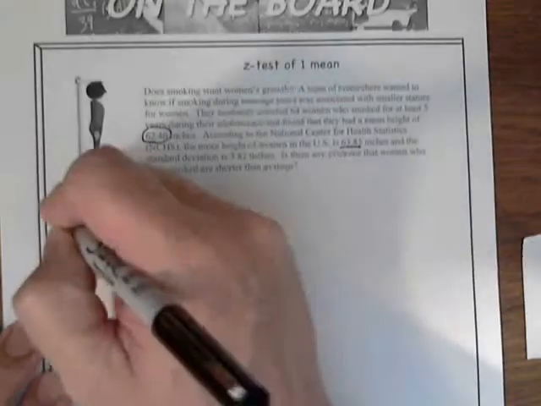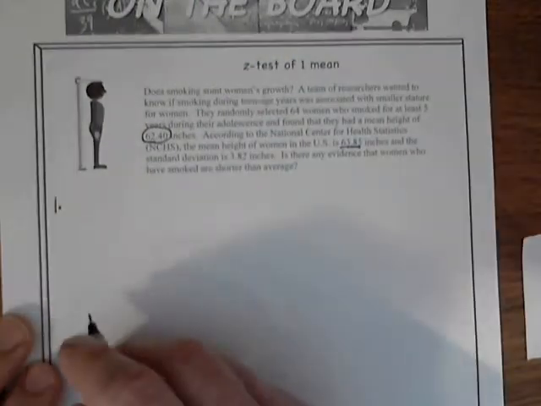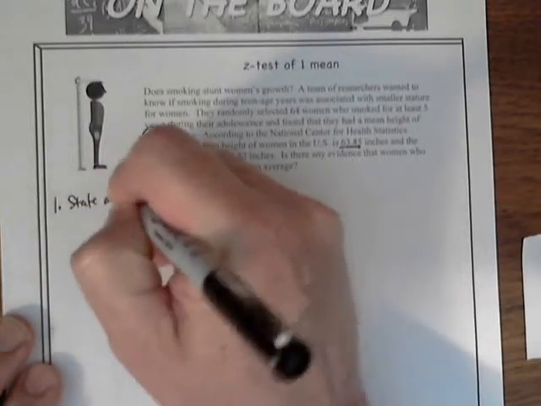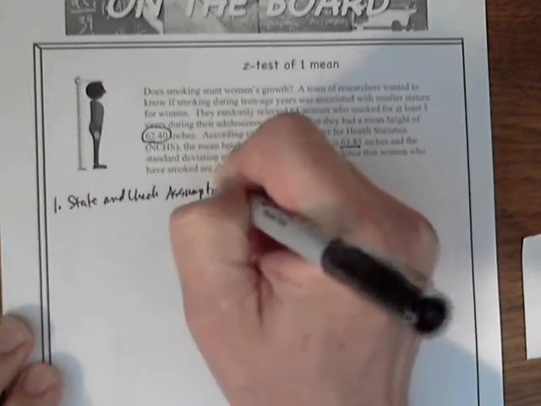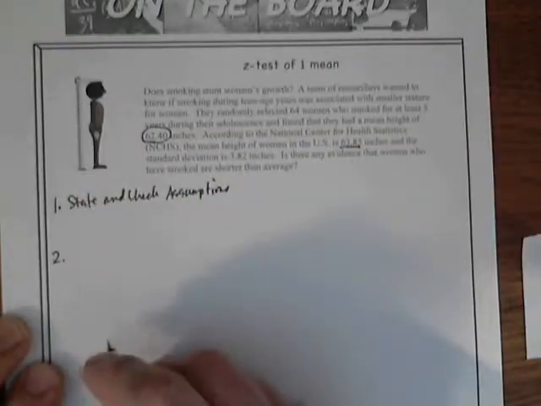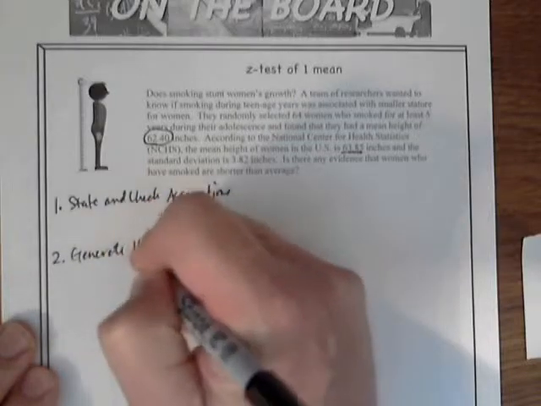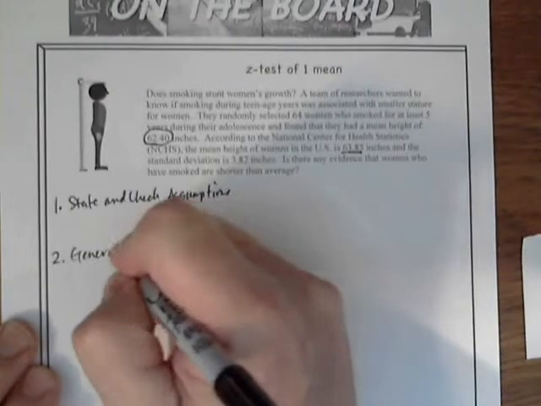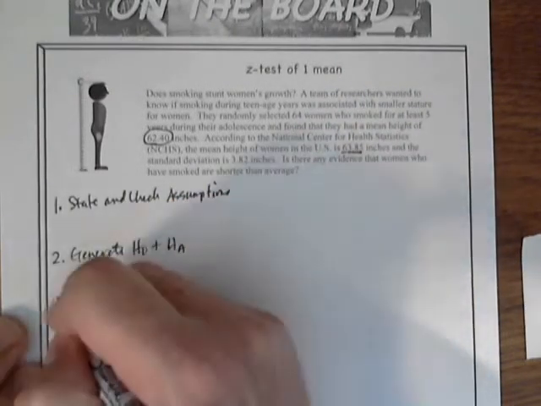So first I'm going to start by listing the 6 steps of hypothesis testing. The first one is state and check assumptions, and we'll talk through exactly what that means in a minute. I'm just going to list down the 6 steps to get us started. The second is that we're going to generate a null and alternative hypothesis. I'm abbreviating it here as H0 is the null hypothesis. The alternative is HA.